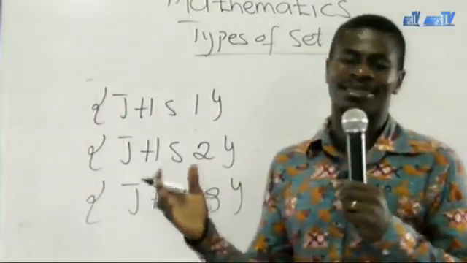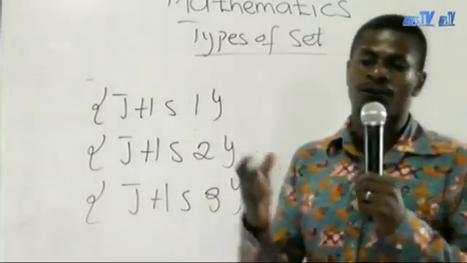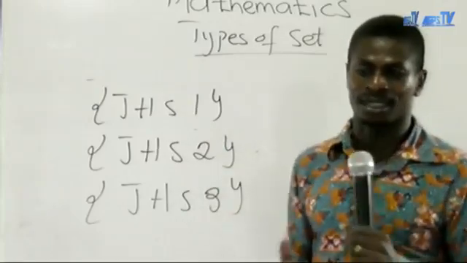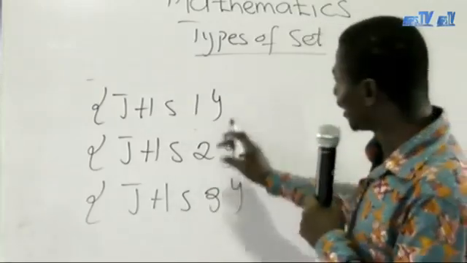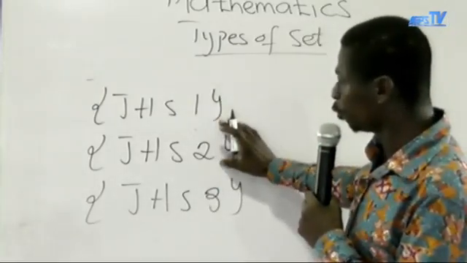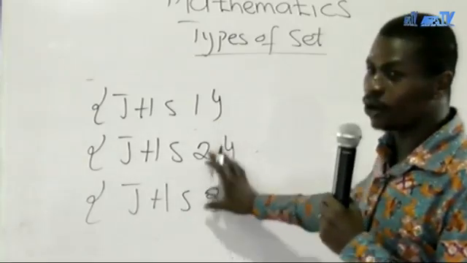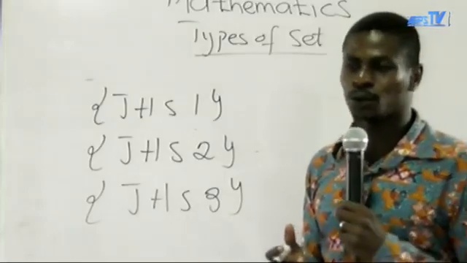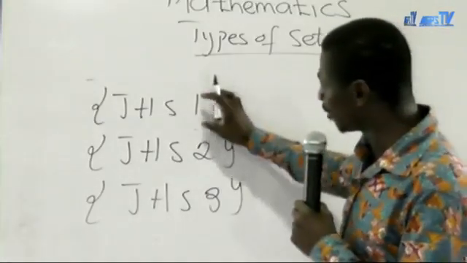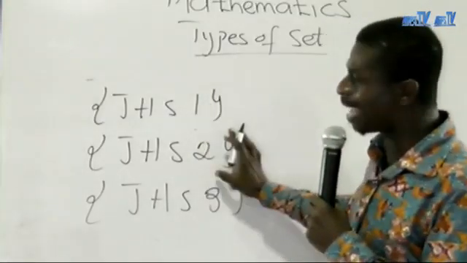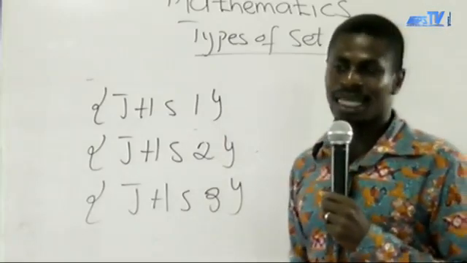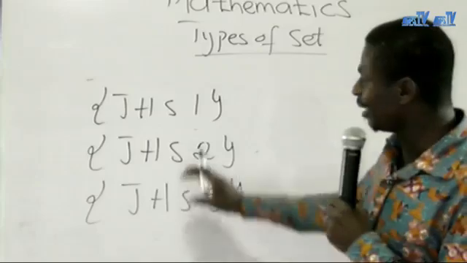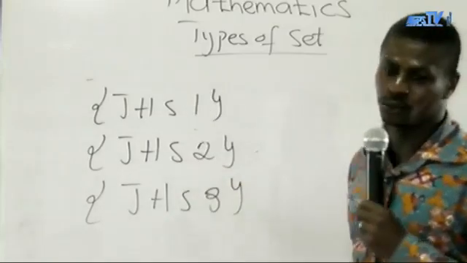But the headmaster decides to call for assembly. And so when they ring the bell for assembly, you see JHS 1, JHS 2, JHS 3, all these 3 classes coming together. And so when you put these 3 different sets together at the assembly, then we are talking about a union set. It means that you are putting individual sets together.